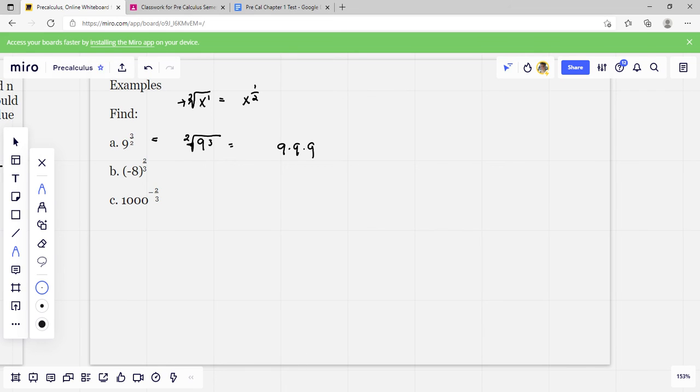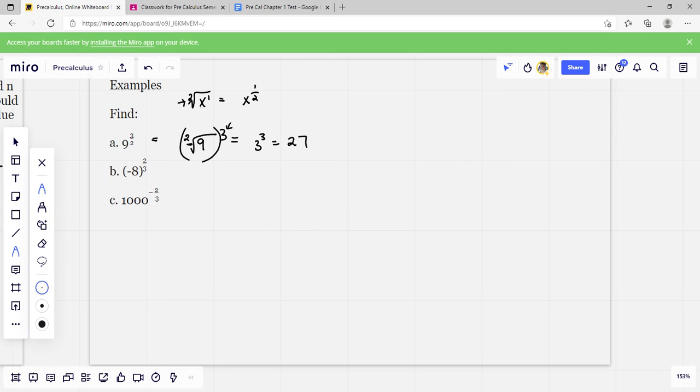Hang on, no, what we need to do is much easier than that. The square root of 9 is 3, so we need 3 to the 3rd. 3 times 3 is 9, 9 times 3 is 27. It would have worked the other way, I could have done 9 to the 3rd and then square rooted that, but it's a lot easier to take the root first and then do your exponent.